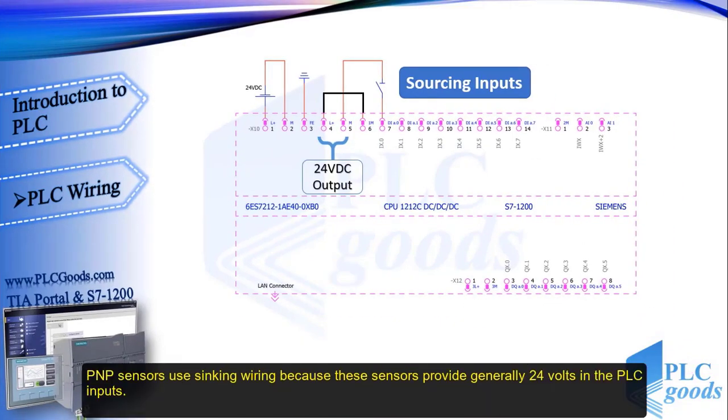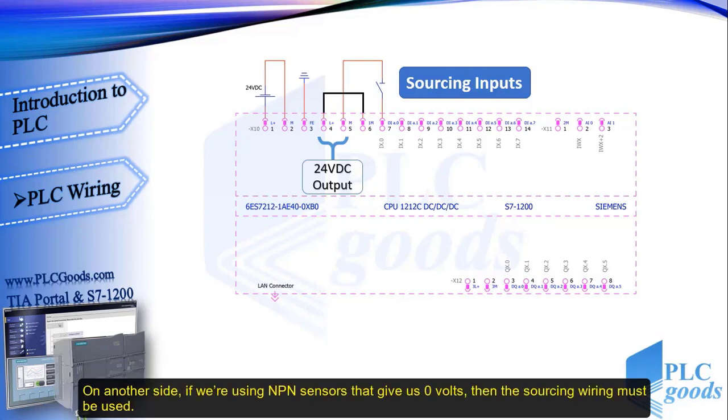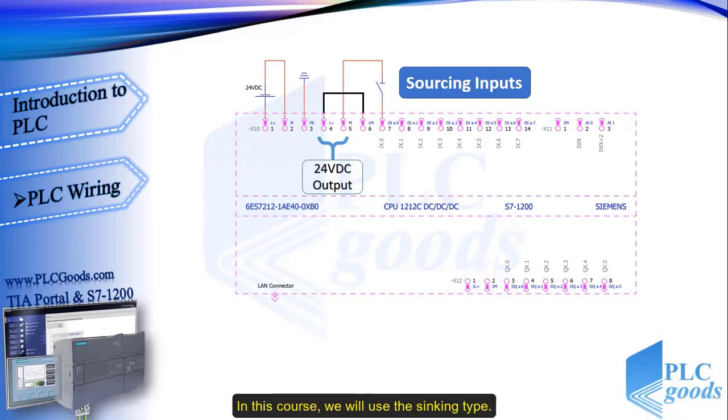PNP sensors use sinking wiring because these sensors generally provide 24 volts to the PLC inputs. On the other side, if we are using NPN sensors that give us 0 volts, then the sourcing wiring must be used. In this course, we will use the sinking type.